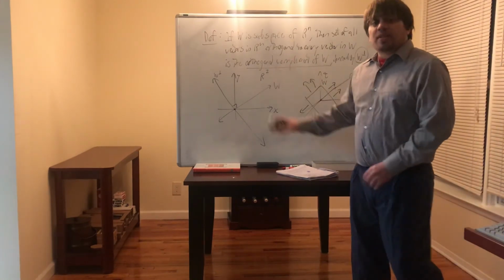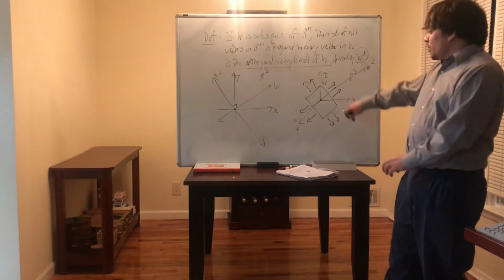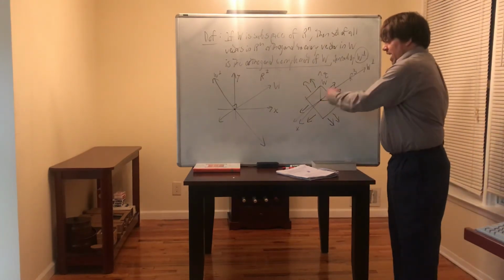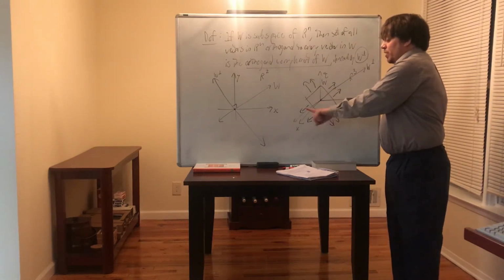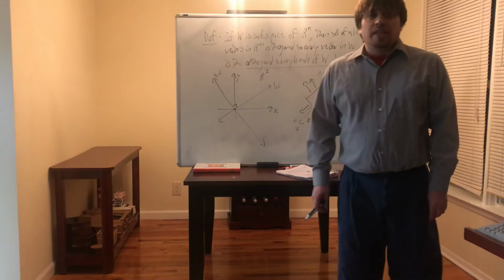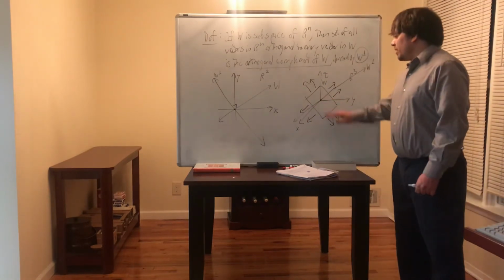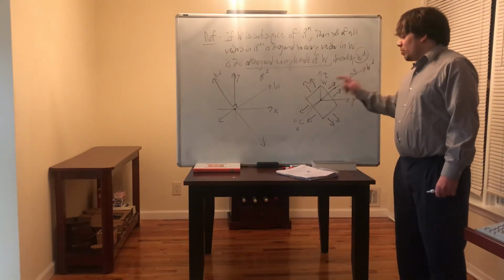And that means any vector on that line is perpendicular to the plane, meaning that if you take any vector on the plane, then any vector on that line is perpendicular to every vector in that plane. So if I put any vector on the plane, then a vector on this line would be perpendicular to it.